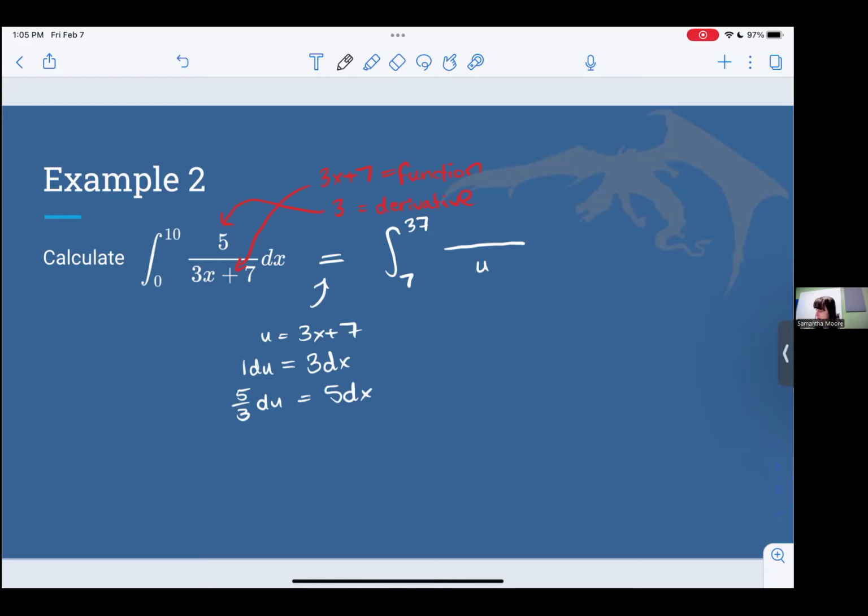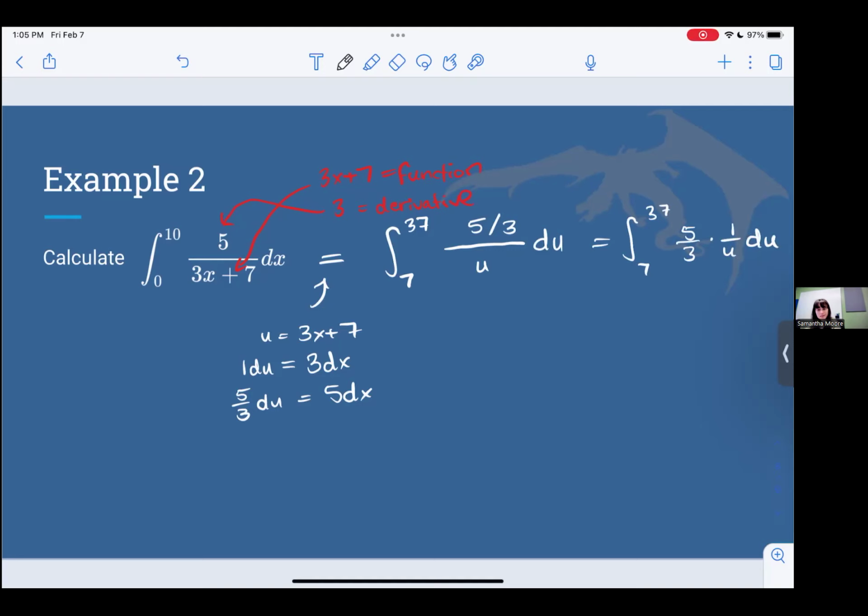So I can replace my 5 dx with a 5/3 du. Okay, and I'm going to rewrite that a little bit. So 5/3 times 1 over u du.